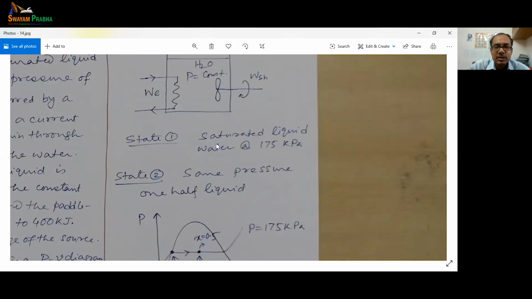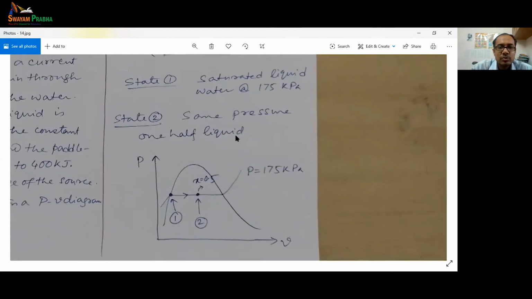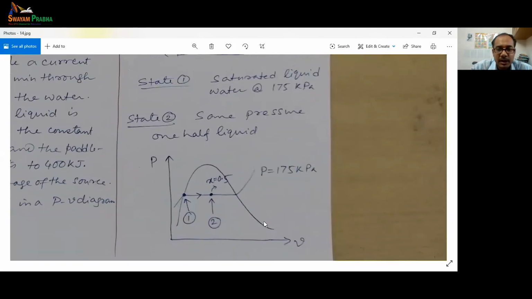Okay, so now state 1 is given to be saturated liquid water at 175 kPa. And state 2 has the same pressure but 1/2 is liquid. So in a PV diagram, schematically we can show that if this is the P equal to 175 kPa line, and state 1 is directly given as saturated liquid water, so state 1 is here.